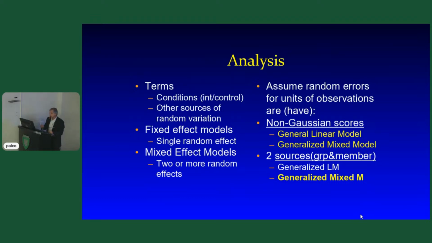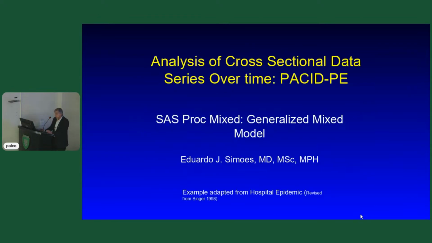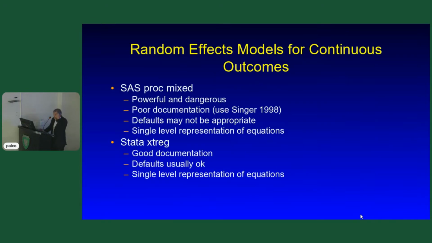We use a generalized mixed model. This is more for your statistician. Two sources, group and member, generate two sources of variance at the group level and the member level, right? You remember between, within. So therefore, we use a generalized mixed model to accommodate the random effect. We use the SAS PROC MIXED in the analysis. A little bit of that.